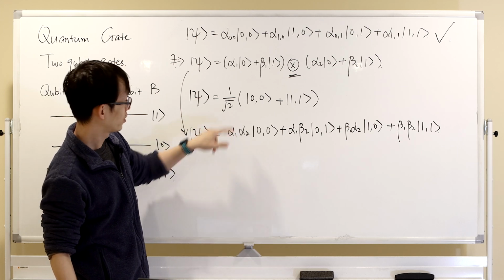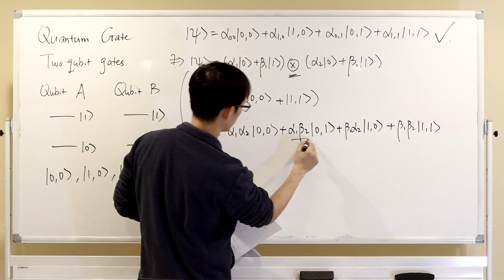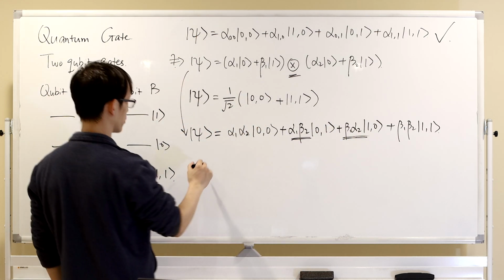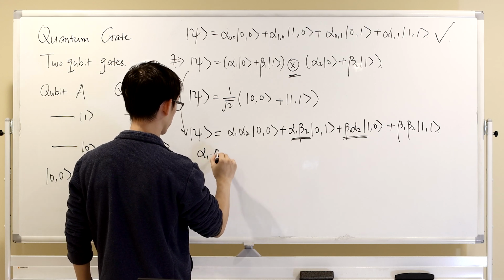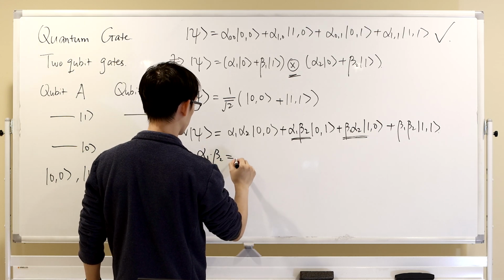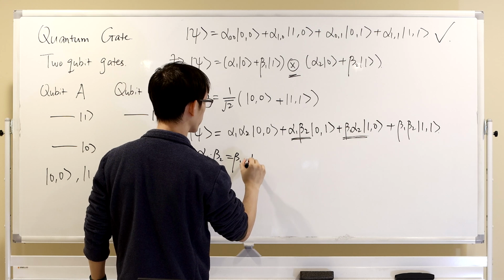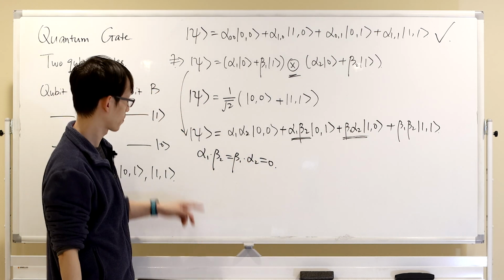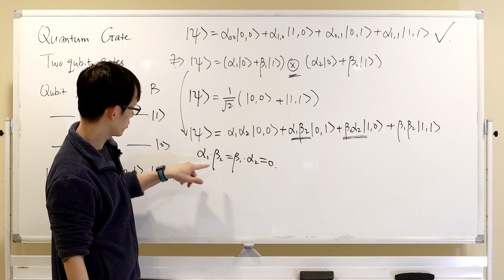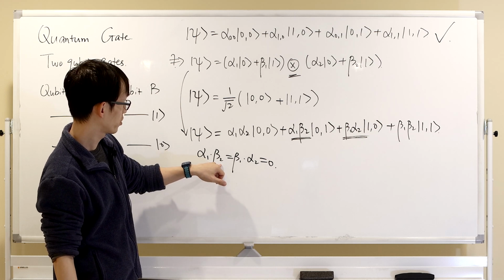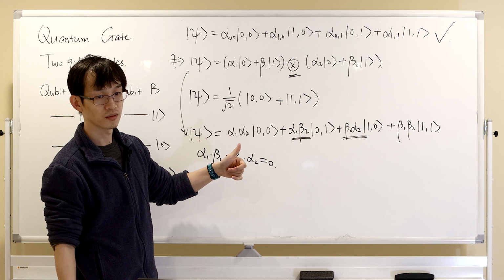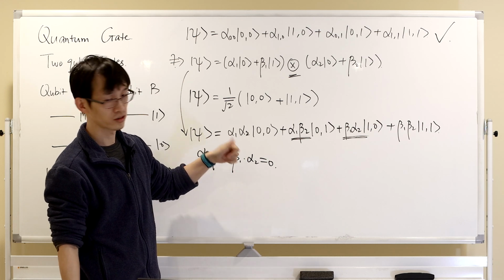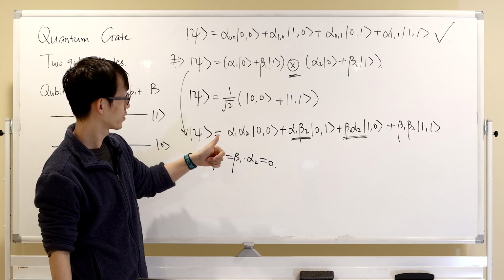then what you need is that alpha 1 beta 2 and beta 1 alpha 2 have to be 0. So alpha 1 times beta 2 equals beta 1 times alpha 2 equals 0. It means for alpha 1 and beta 2, one term has to go to 0, and for beta 1 and alpha 2, one term also has to go to 0.